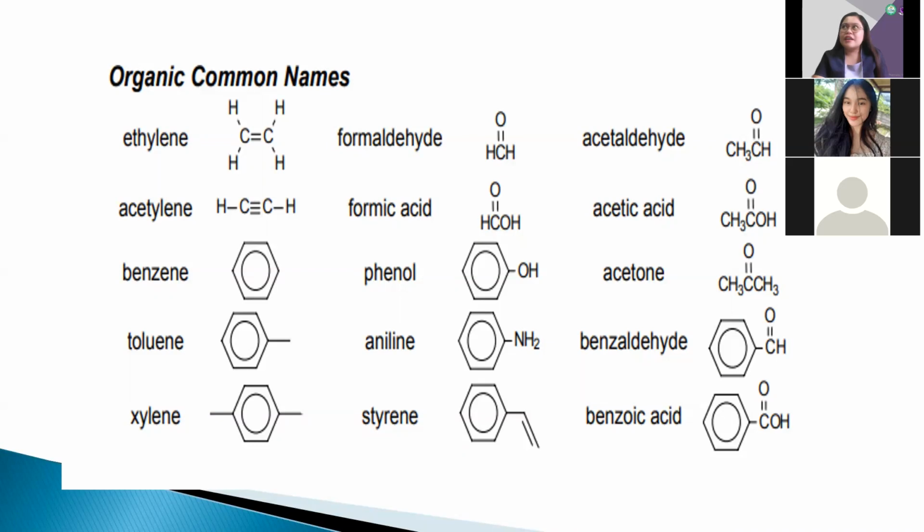And this will be responsible for the itching and pain that we feel if ever we get stung or bitten by either ants or bees. That's formic acid. They have the ability to produce this organic substance.